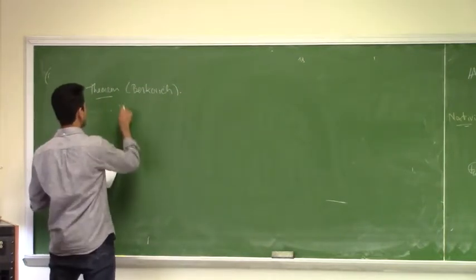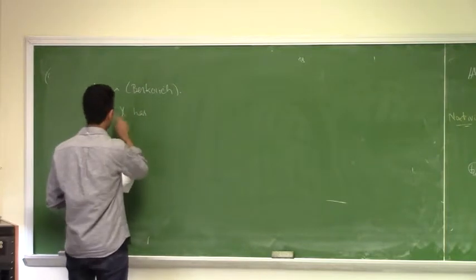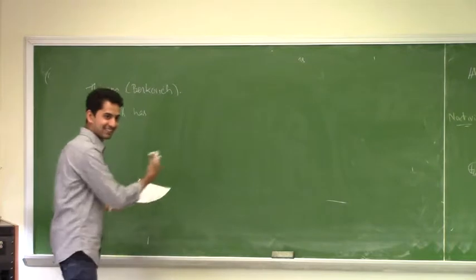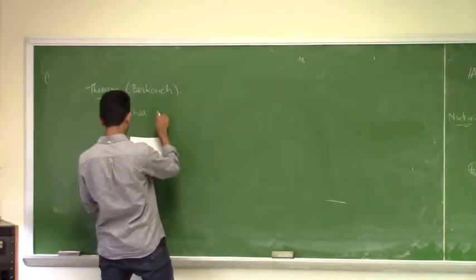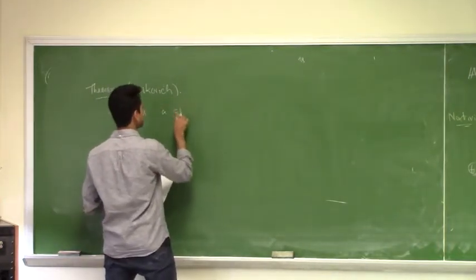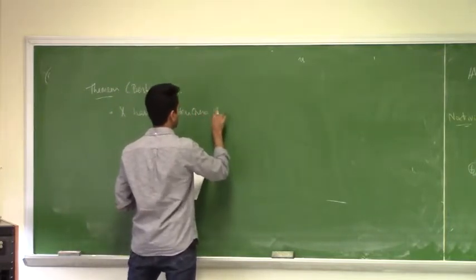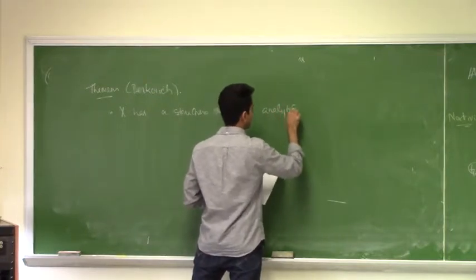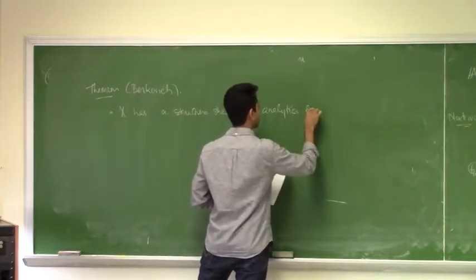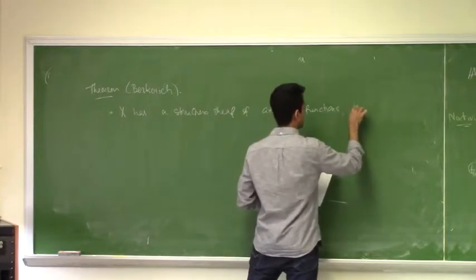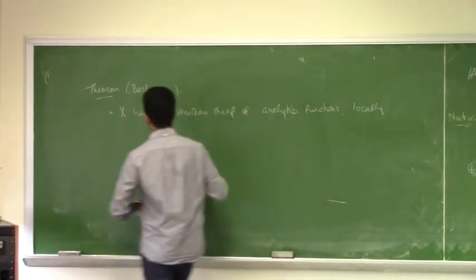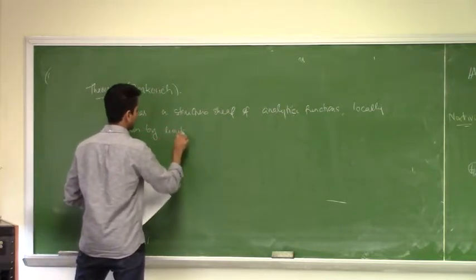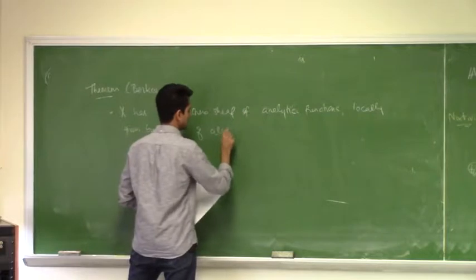Okay, so it's written last in my notes, but I'll put you out of your misery and tell you the answer now. X has a structure sheet of analytic functions, locally given by limits of algebraic functions, rational functions.